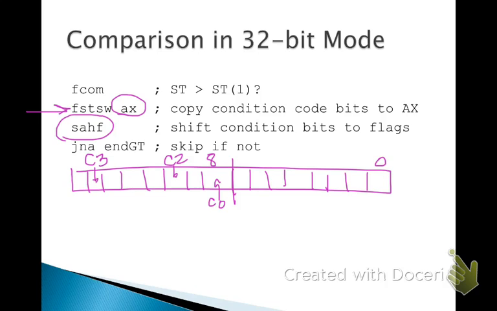Once we've moved it into AX, we want to shift AH, which is this portion of AX, into E flags. Okay? So what it's going to do is it's going to shift the condition bits to flags, shifting them over by 8 bits.